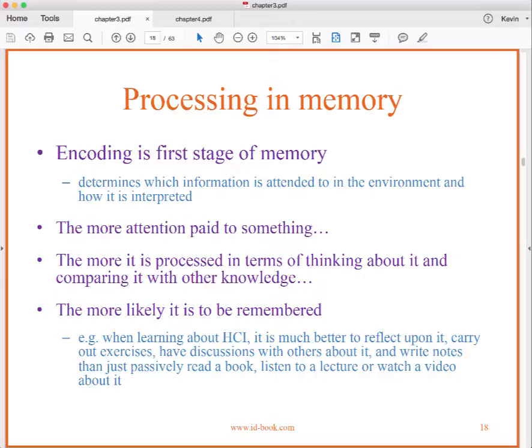Memory being such a tricky thing, it's been helpful for researchers and theorists to pose some models of how memory works so that we might understand it better. They said that encoding is the first stage of memory. It determines which information is attended to in the environment and how it is interpreted.